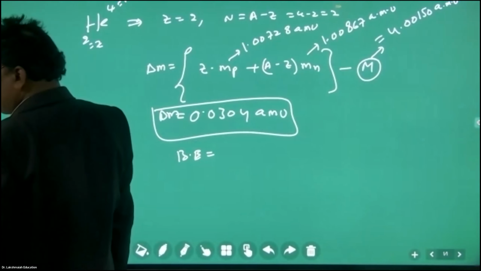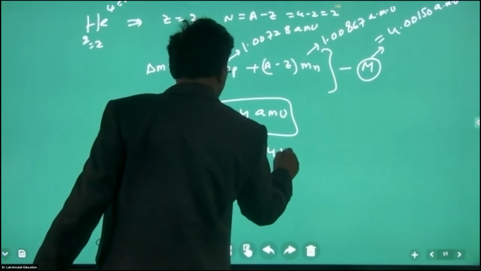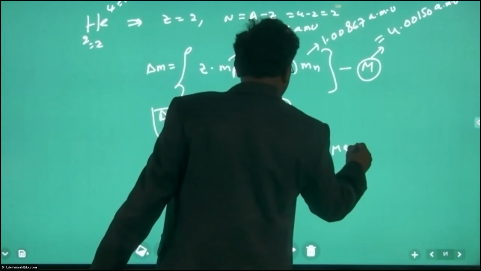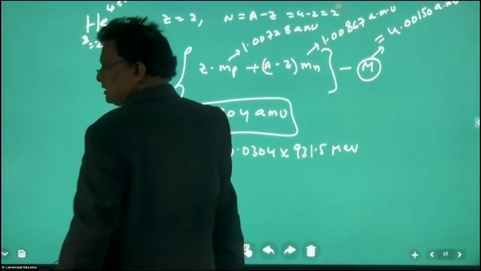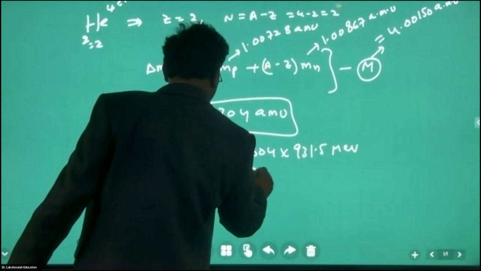That is equal to 0.0304 into 931.5 million electron volt. If you do this you will get 28.3 million electron volt. Sir, can't we do it like this? Here first we write the helium equation; number of nucleons is equal to number of protons plus number of neutrons.